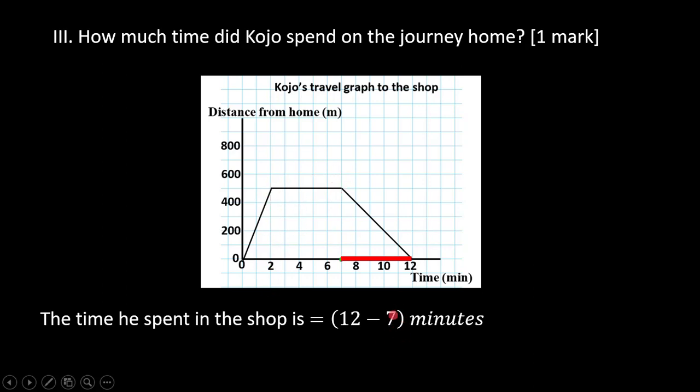So that makes the first 7 minutes that you can see right here. The remaining time you see here must have been the time he returned. So when you trace downwards, you have 12 minus 7 minutes, and that also simplifies to 5 minutes. So in other words, Kojo spent 5 minutes on the journey back to the house.